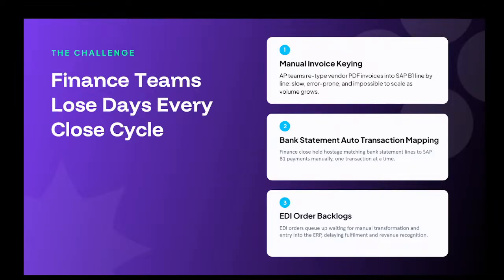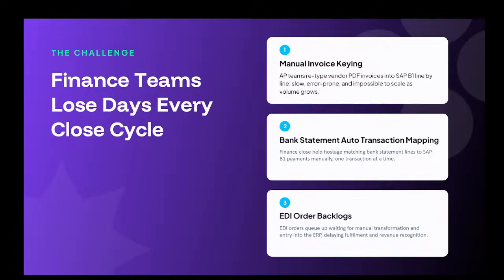AP teams retype vendor PDF invoices into SAP Business One line by line, right? This slows down the complete process, it is error prone, and it doesn't scale as volume grows. The second scenario is where your close is held hostage matching bank statement lines to SAP Business One payments, and that too manually, one transaction at a time.